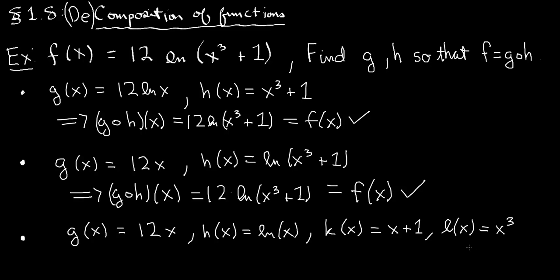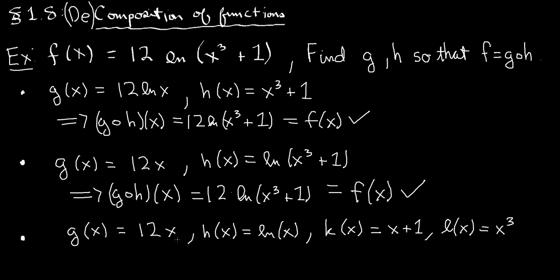So look what happens here. Let's take x cubed, plug it into k of x. That's going to give us x cubed plus 1. But now x cubed plus 1, let's plug that into ln of x. That's going to give us ln of x cubed plus 1. And then finally, let's plug that into g. And we get 12 times ln of x cubed plus 1.